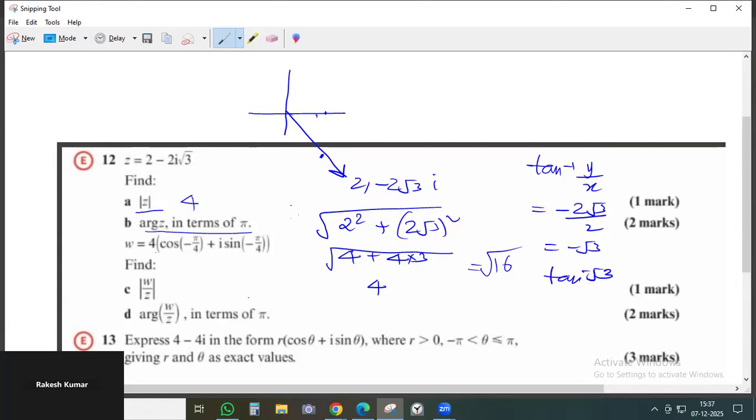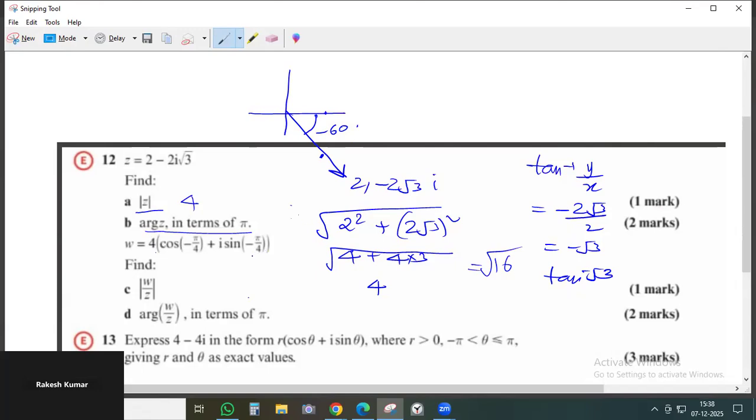It is minus 60. So this becomes minus tan inverse of root 3. Here it is minus 60 degrees.